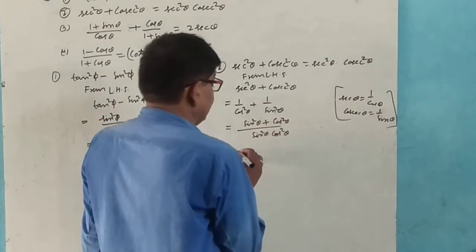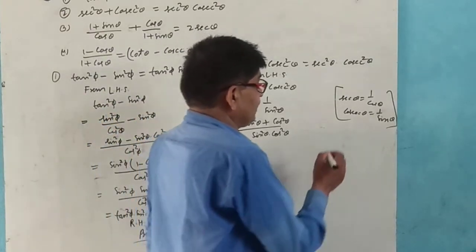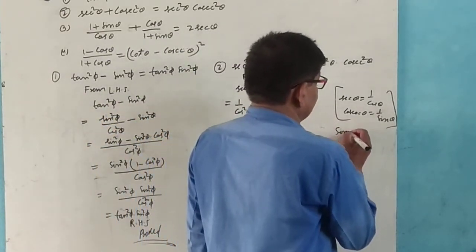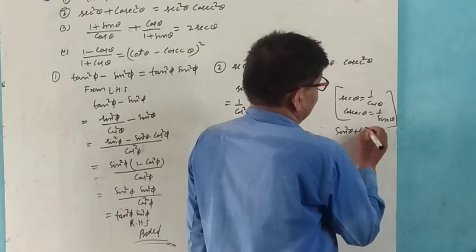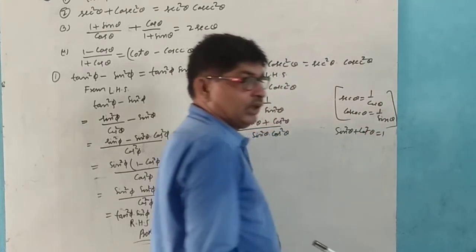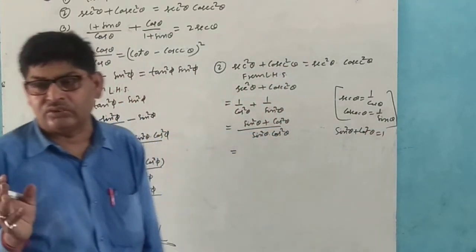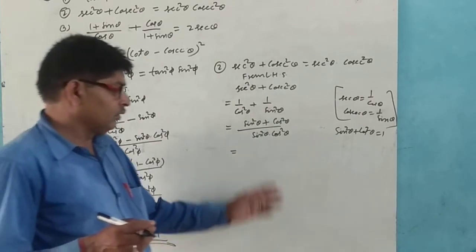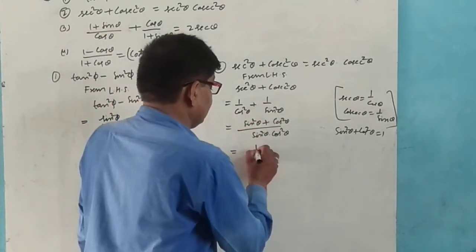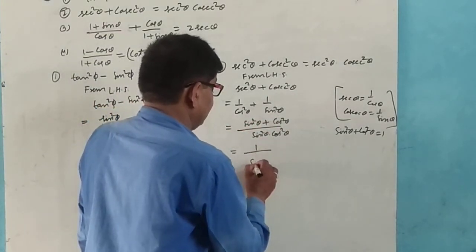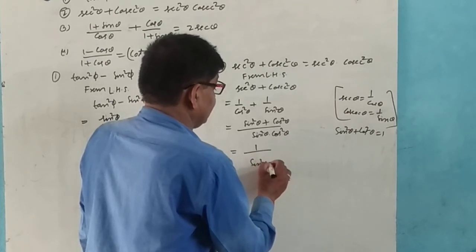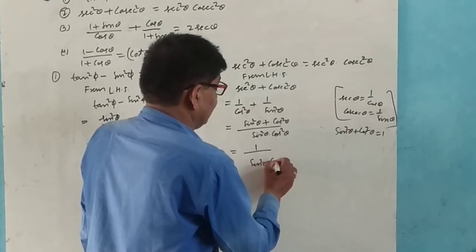Now as you know, sin square theta plus cos square theta is equal to what? Sin square theta plus cos square theta is 1. This can be written as 1 by sin square theta into cos square theta.